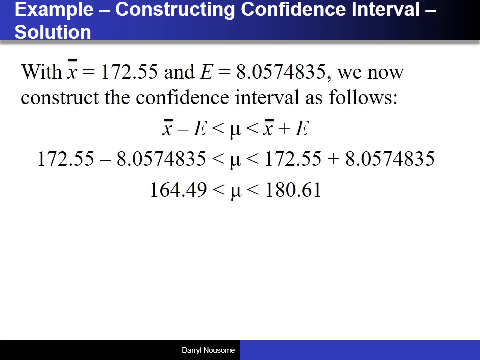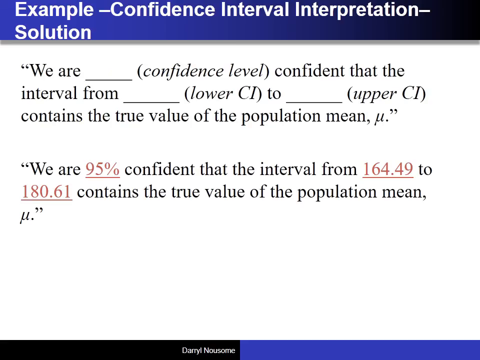With our x bar of 172.55 and our margin of error, we can construct the confidence interval as x bar plus or minus the margin of error. When you solve that, our range goes from 164.49 to 180.61.